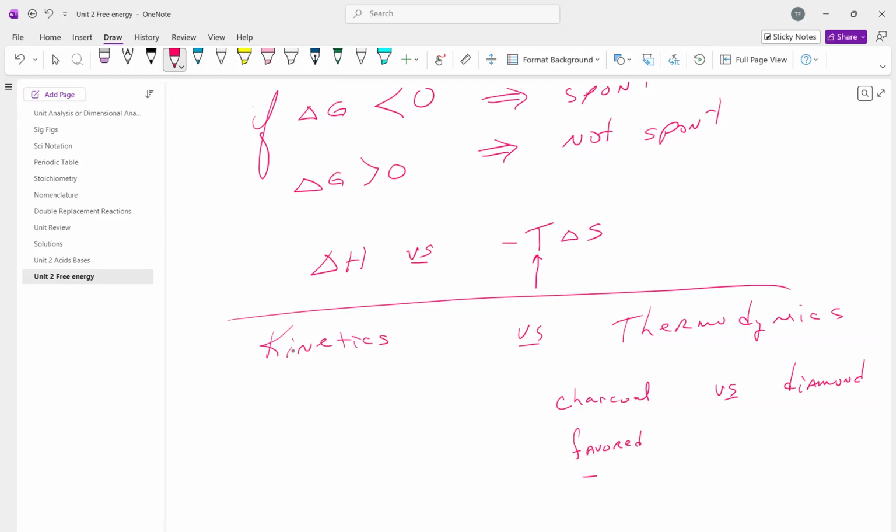It's got a negative G value. However, when diamond converts to charcoal, it does it so extremely slowly that you don't even know what's happening. So your investment doesn't convert to worthless charcoal.